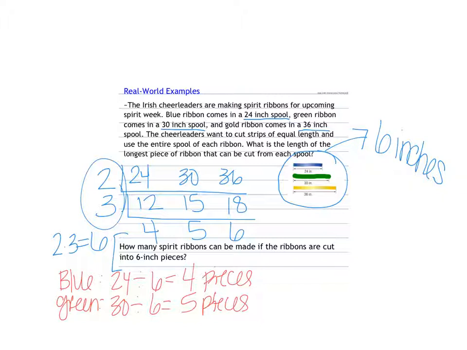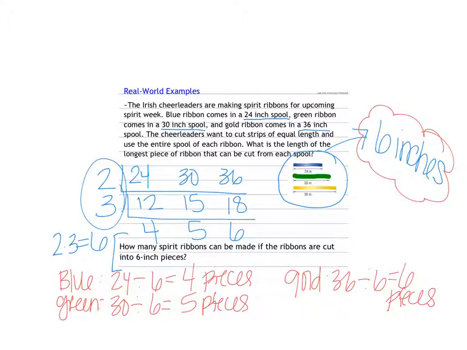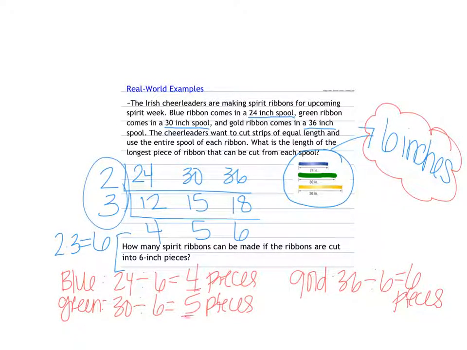And then my, what's the last one? Gold is 36, and I divide that by 6, so then that's going to be 6 pieces. So we decided that they're all going to be 6-inch pieces of ribbons, and I divide them each by 6. So that's how I get my 4, 5, and 6.